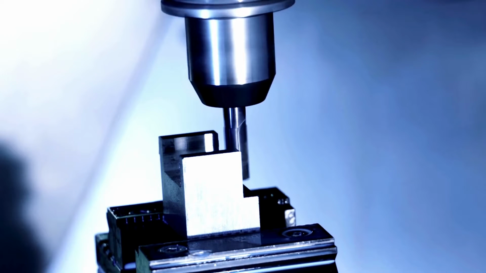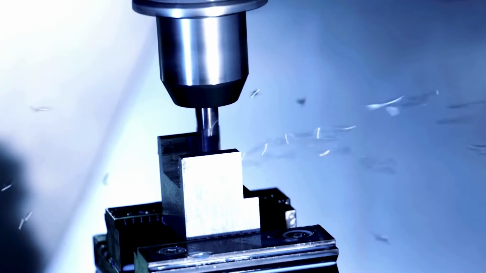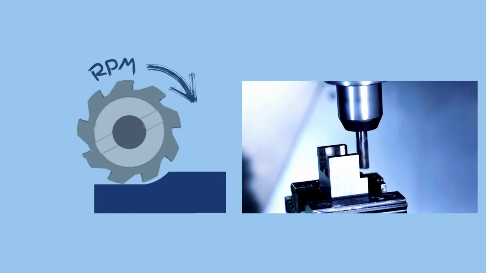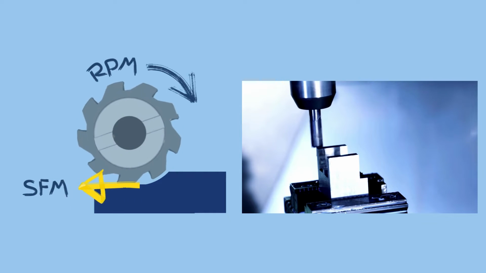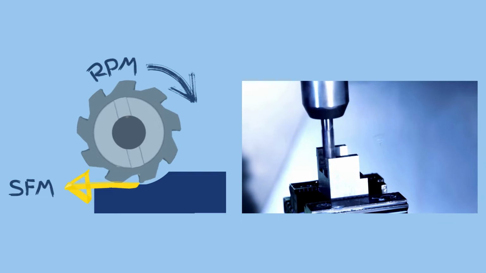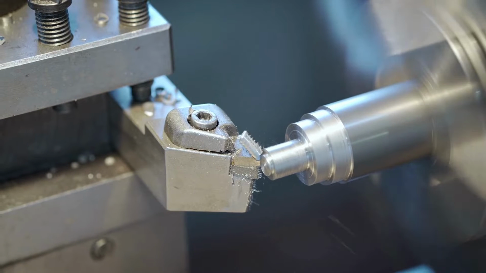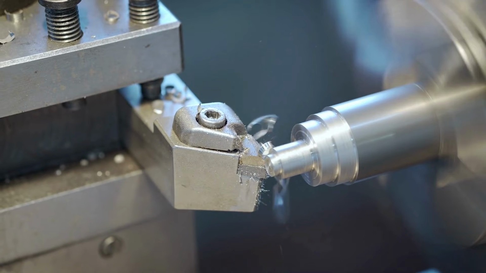In a milling operation, the workpiece is stationary, and the spindle rotates the milling cutter. The spindle's rotational speed, measured in RPM, transforms into cutting speed at the diameter in which the milling cutter touches the workpiece. In a turning operation, the spindle rotates the workpiece, and the cutting tool is stationary.